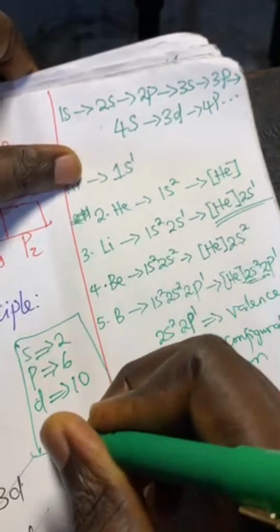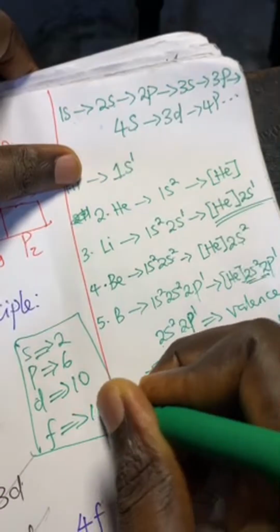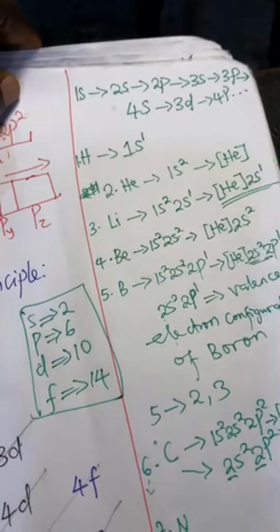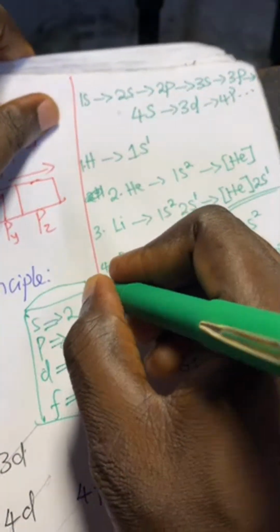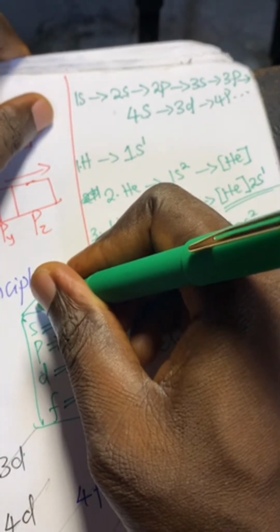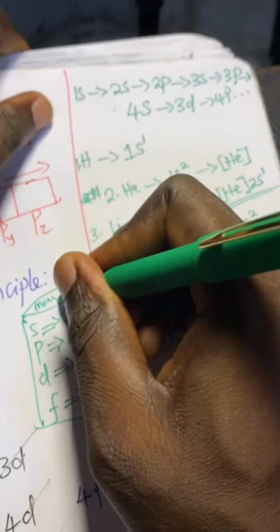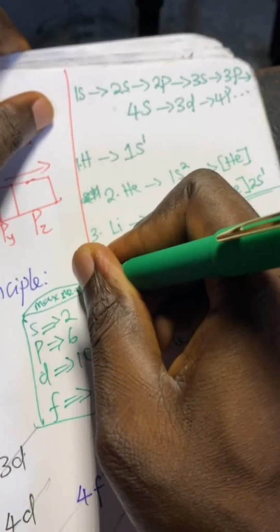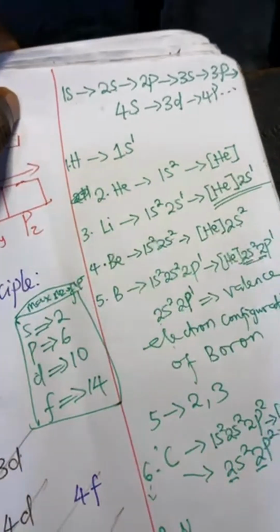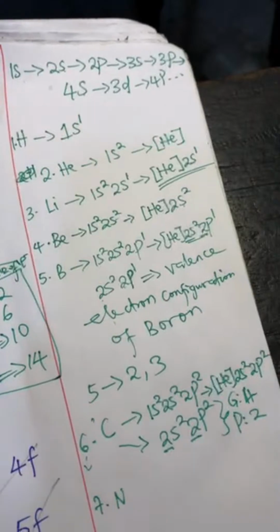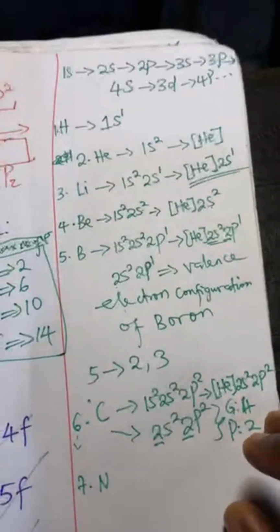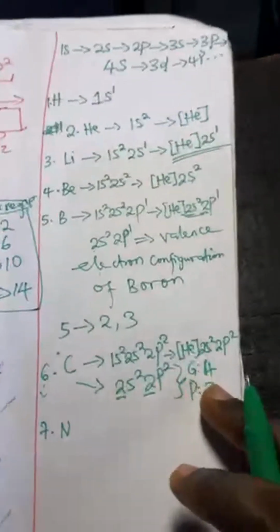Then D can receive just 10, and F can receive a maximum of 14. Are you seeing it? This is the maximum number of electrons they can receive. Don't forget that. Take note of this one.